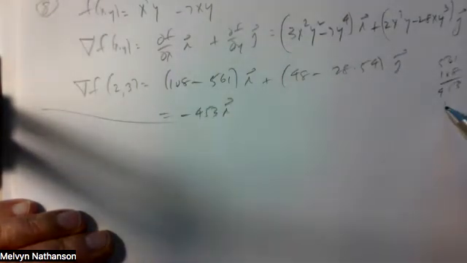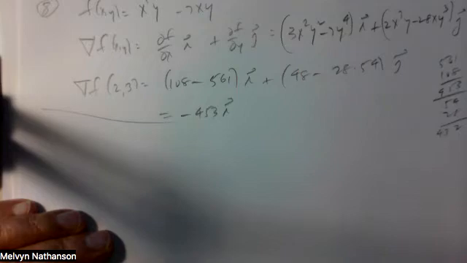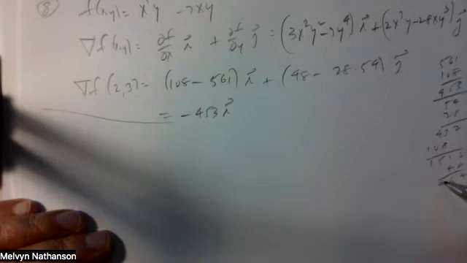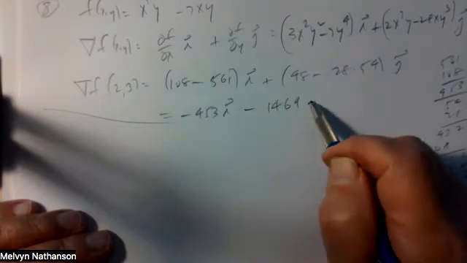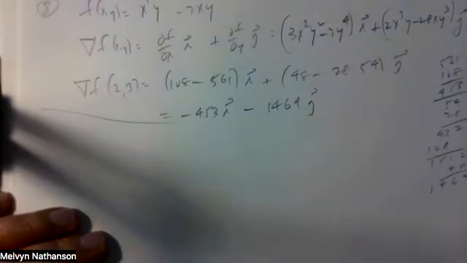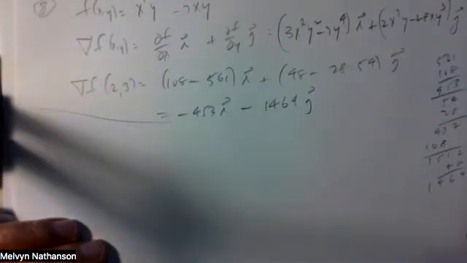Let's see, 28 times 54, 1512. I subtract 48 from that. That's the gradient at the point (2, 3).